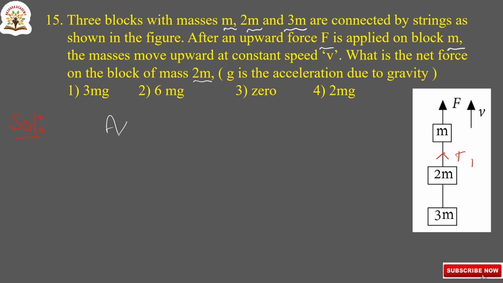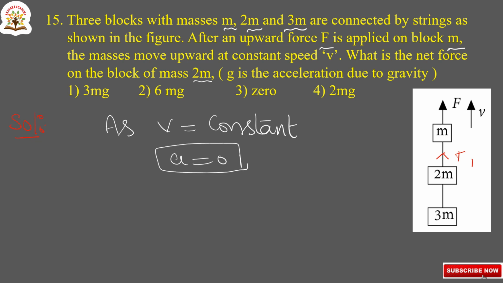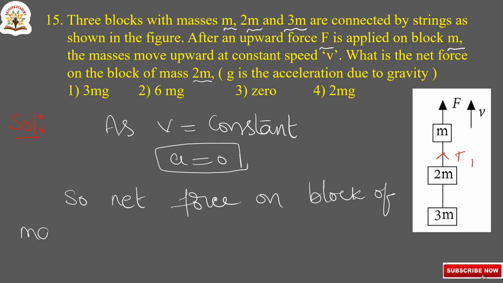As v is constant, a is equal to 0. Velocity is constant, then acceleration is 0. So the net force on the block of mass 2m, F net, is equal to 2ma.